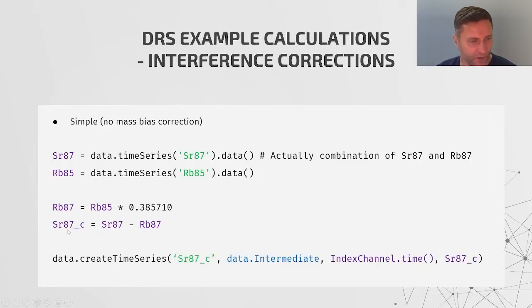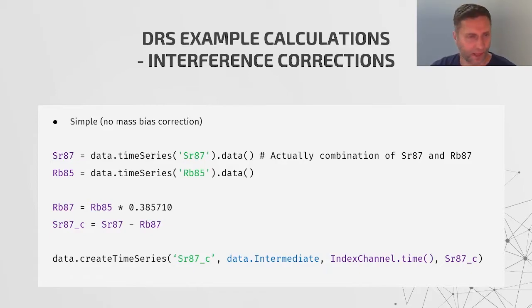And then we create a new channel from that array. So we would call it something like strontium-87_C for corrected, and we would pass it the index channel time array and this new array that we've calculated here. So that's all it takes to do a very simple interference correction.